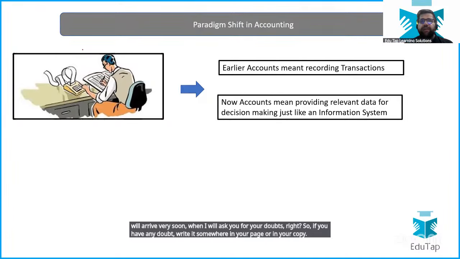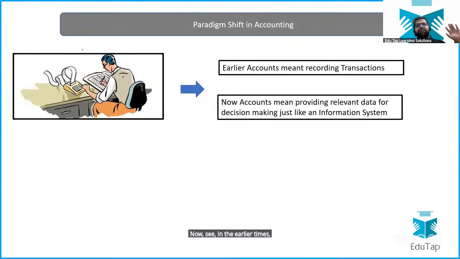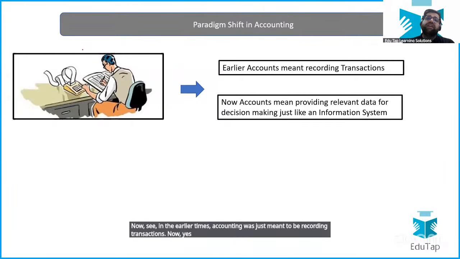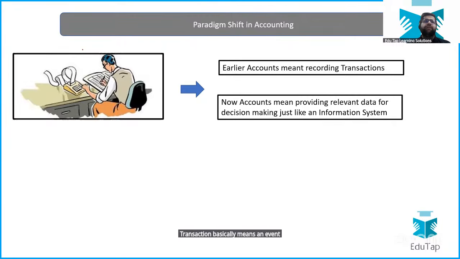Now, see, in earlier times, accounting was just meant to be recording transactions. Now, what are transactions? Transaction basically means an event. For example, once you purchased this course of EduTap, this was a transaction. Transaction basically means an event, एक घटना. Businesses will be doing multiple transactions in a day.